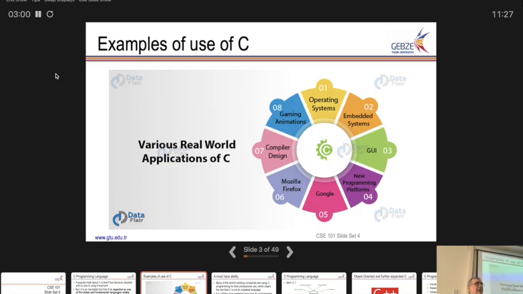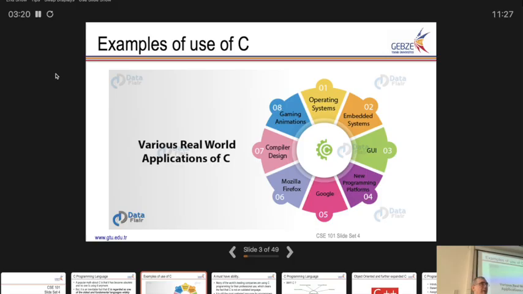In real applications, in operating systems, embedded systems, graphical user interfaces, new programming platforms, libraries, Google, Firefox, compiler design, gaming, anywhere, you find in military, the C programming language is used.